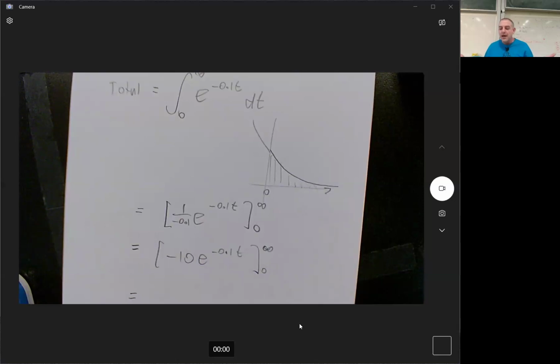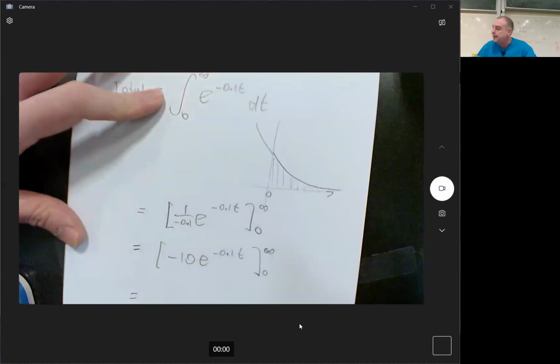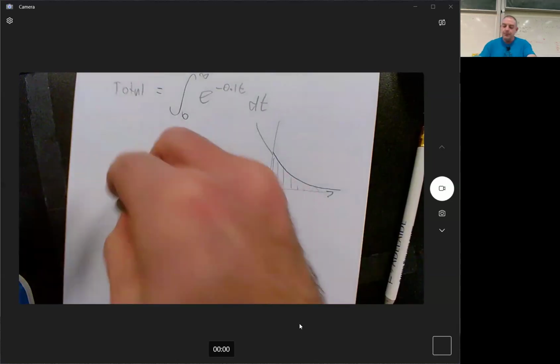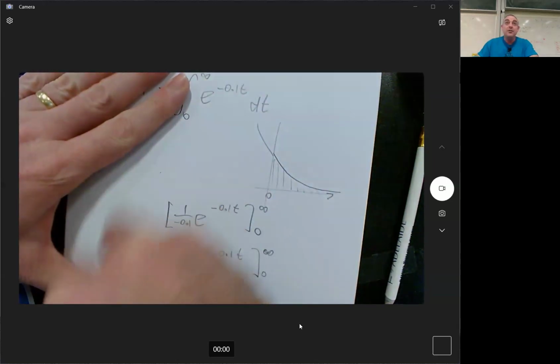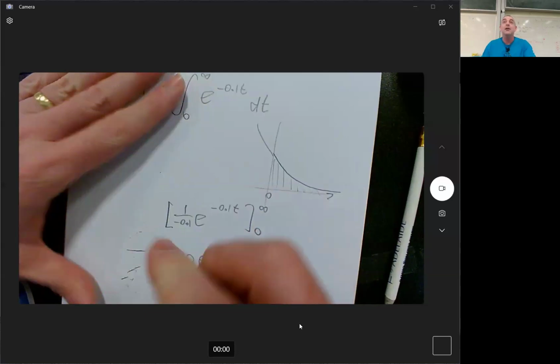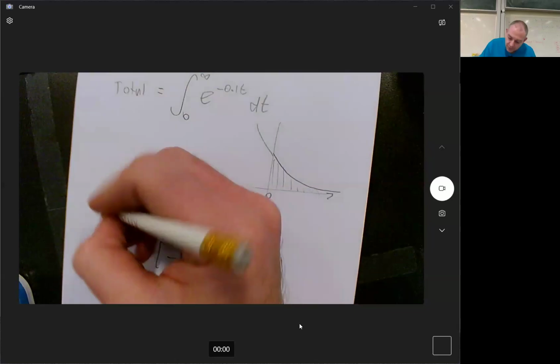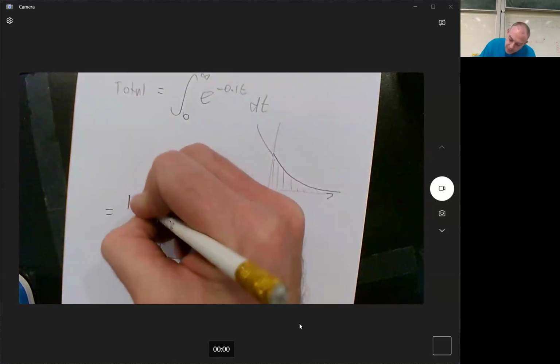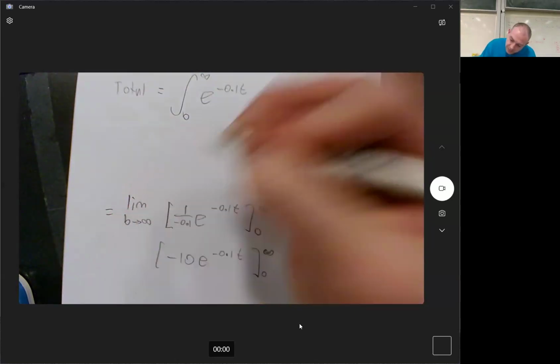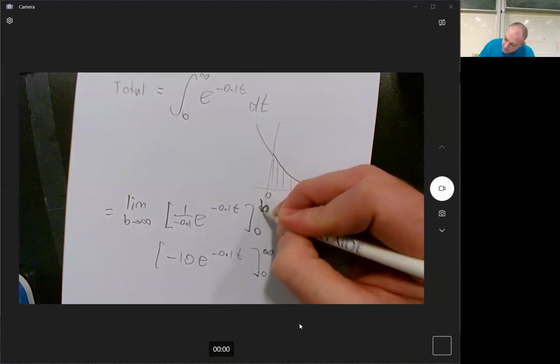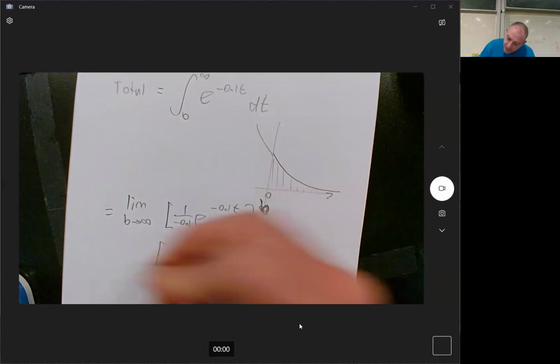Oh no, I'm not allowed to do that, am I? Being like a statistician. In the statistics course next year, they'll totally write it with an infinity in that spot, and that will be fine. But in this course, not so much. We're going to have to do the limit as b goes to infinity of this. Sorry about that, peeps.